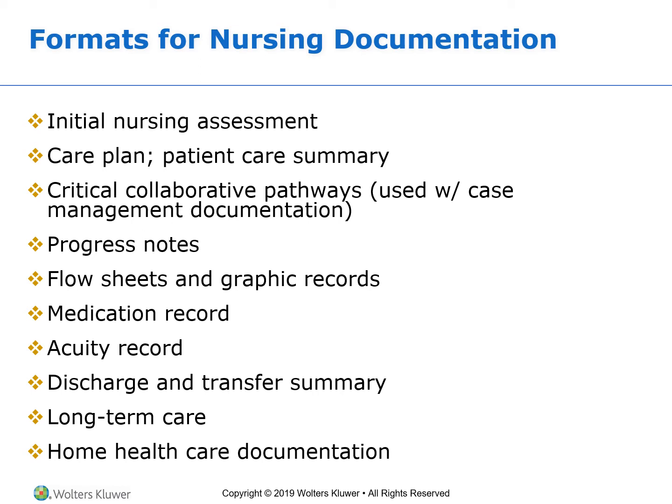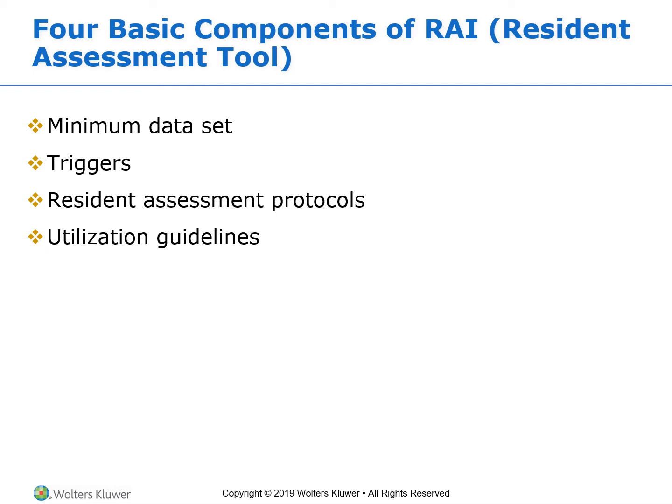Documentation in long-term care settings is specified by the Resident Assessment Instrument tool, which helps staff gather definitive information on a resident's strengths and helps meet the needs and address these in an individual care plan. The Resident Assessment Instrument includes 4 basic components.